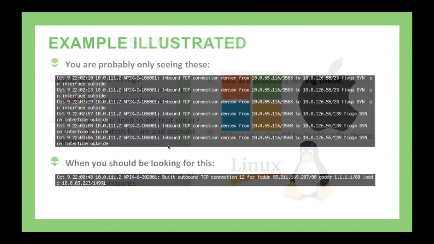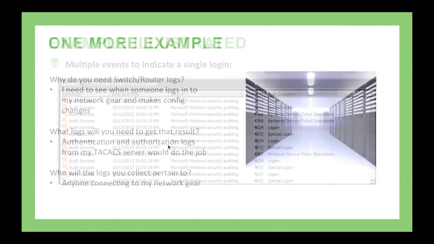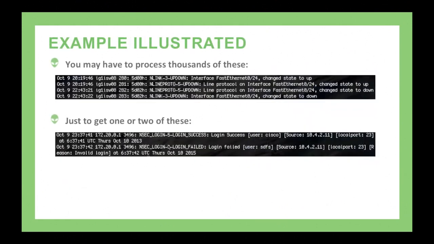From the operating system data, we've got filtering policies that we can put in place that help you weed out these excessive events so that you can focus just on those logon messages. And the same goes with this particular example of the router and switch data. We can filter out these line protocol messages or get really specific on the login failed types of messages that we want to see.